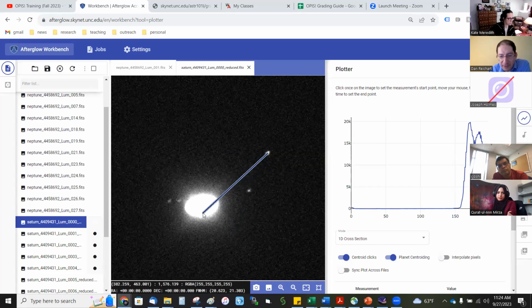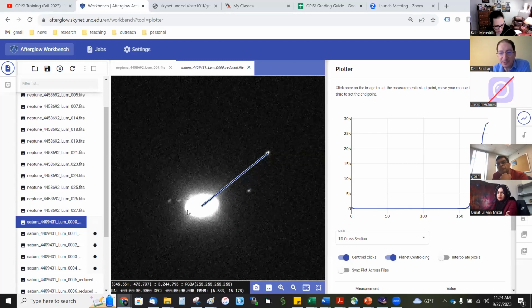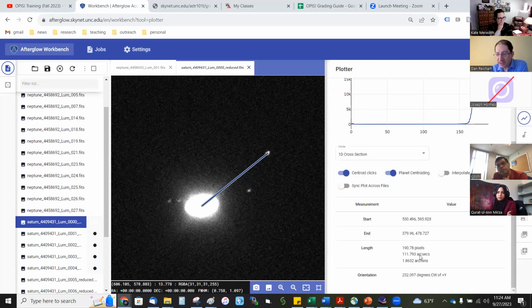Even if I go off, it should be able to adapt. Strange, it did not. Oh, there it goes. See, it adapted there. It's just a different algorithm for centroiding on planets, which are disks compared to point sources. And then again, they're looking for the angular separation in arc seconds. It's right here. They copy this into their lab.